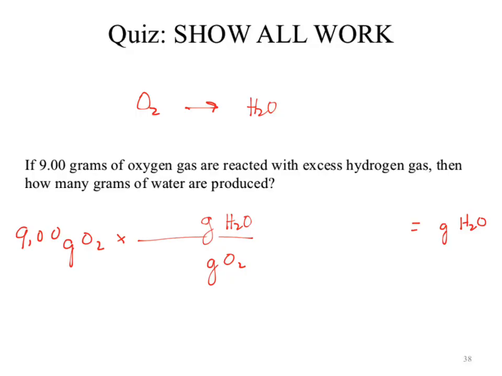Why am I adding hydrogen gas? What about that equation makes me say I should be reacting that with hydrogen gas? The question tells me that I should be reacting oxygen with hydrogen gas. Yes, that's where that information is coming from. It is buried in the question. We have to use that information.